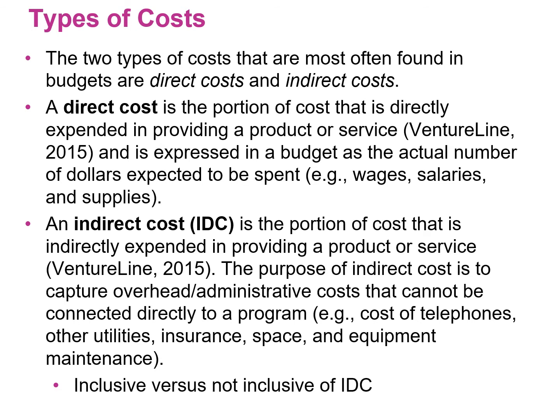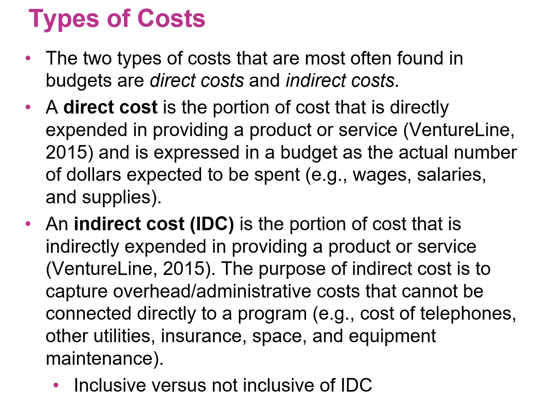And now I have to calculate the indirect cost at 50%, which is $75,000, and that gets added to 150. So now my overall program and total budget cost is $225,000. That's why it's nice when indirect costs are not included, because then you get 50% of your costs on top of that.